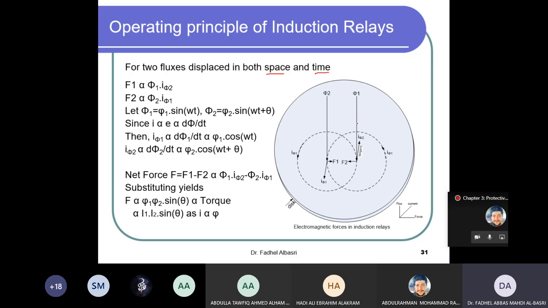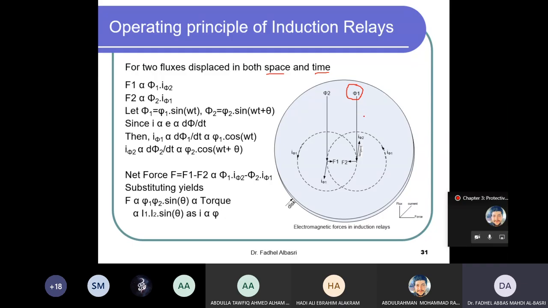That induced EMF will also produce a current, an eddy current, flowing within that disk. This current produced by the induced EMF will try to produce a flux that opposes the one that generated it, right? This is based on Lenz's law.